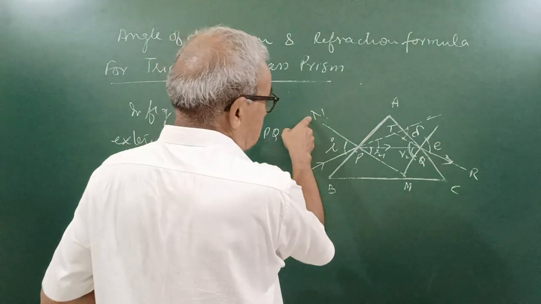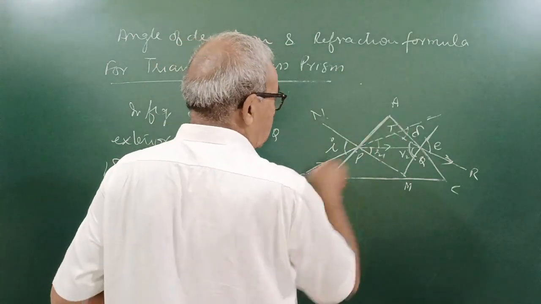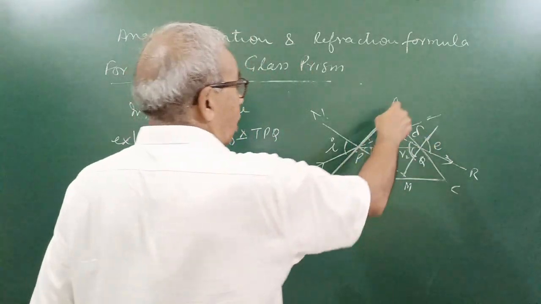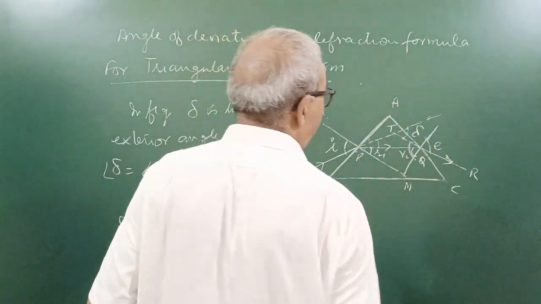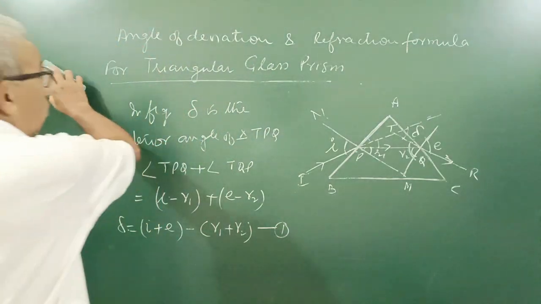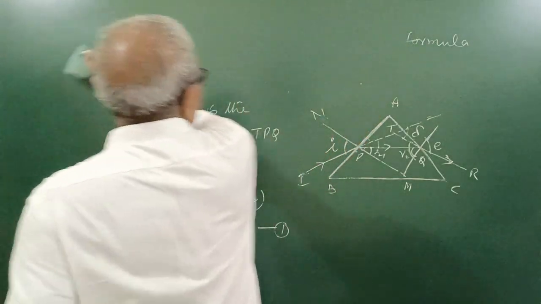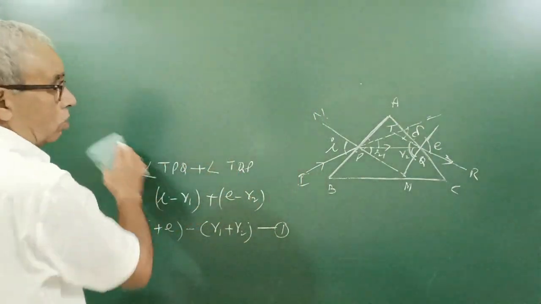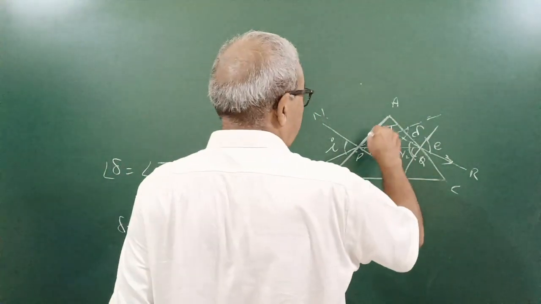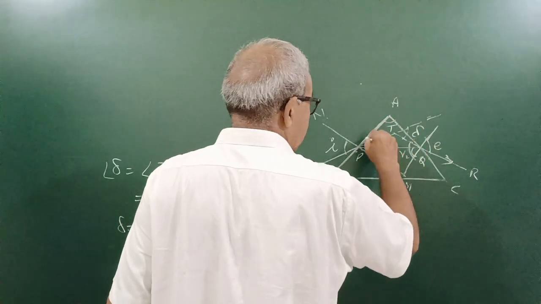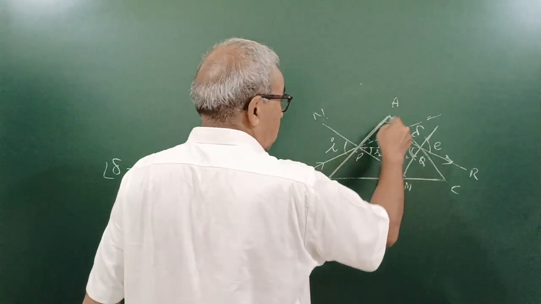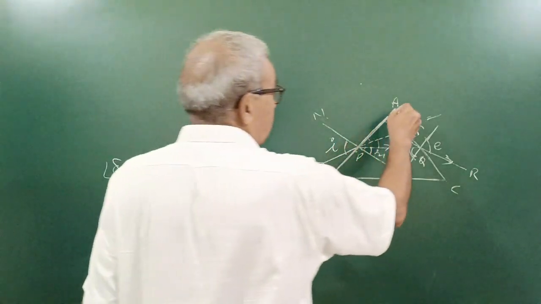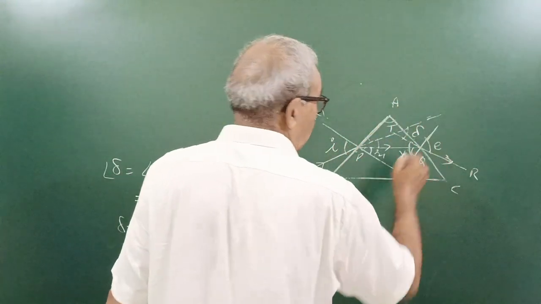Since NM is perpendicular to this, this angle is 90, this is 90. So quadrilateral APMQ is there. We know the sum of the angles of a quadrilateral is 360. Opposite angles are supplementary, so APMQ is a cyclic quadrilateral.